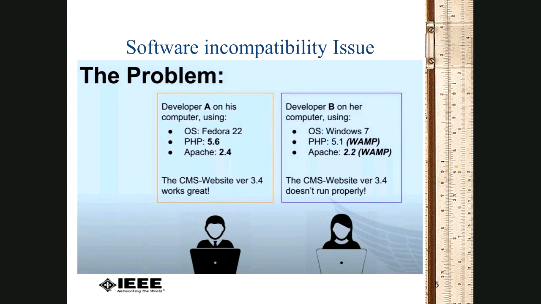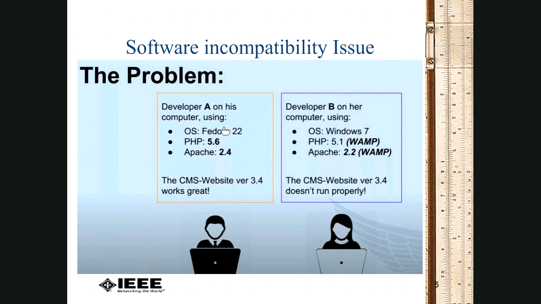Actually, suppose you have a company and the company wants some product, so they hire some software house, or they give their project to some software house, and the software house, let's say they have two developers, developer A and developer B. Developer A is working on a platform which is running Fedora operating system, Linux operating system, and it has PHP 5.6 and Apache 2.4, for example.